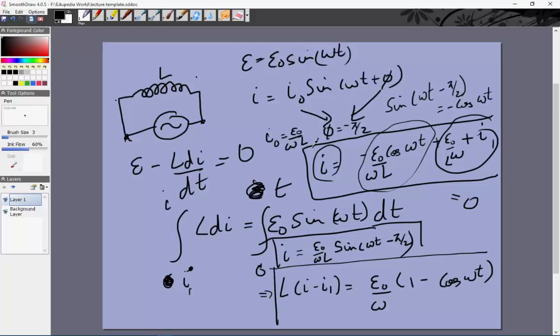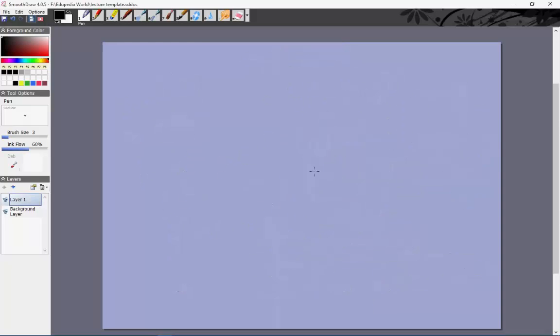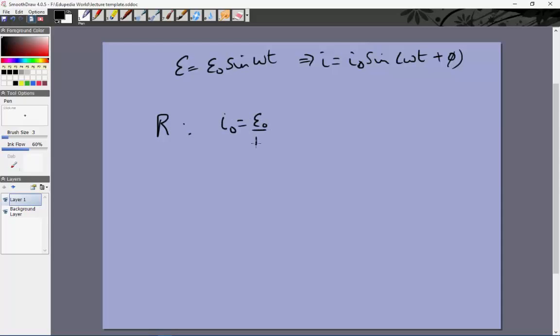Right. I'll just write all three of them once more so that you get an idea. E is equal to E naught sine omega t means I is equal to I naught sine omega t plus phi. Right. If it is a resistive circuit, then I naught is equal to E naught by R and phi is equal to 0.